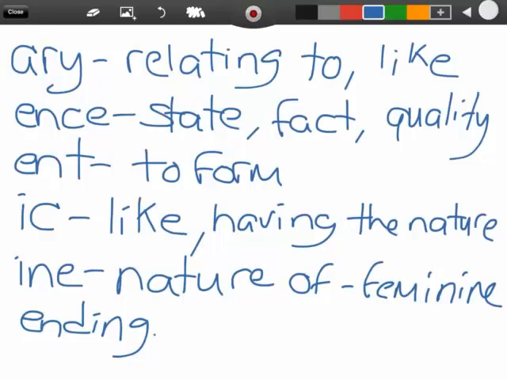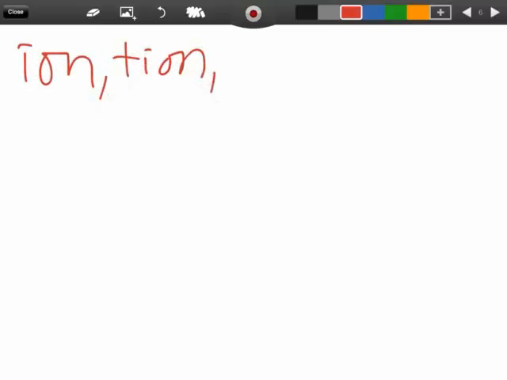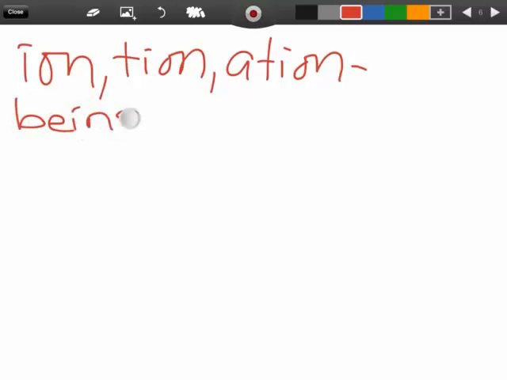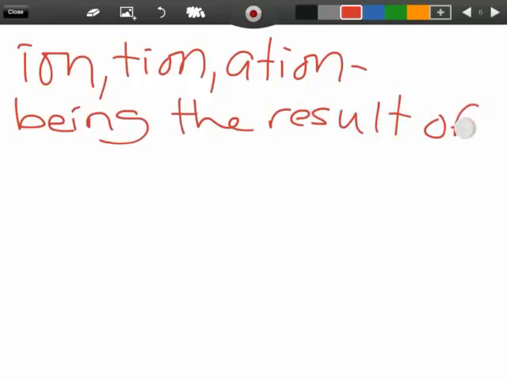Now, moving to one of the most important suffixes in the English language, I'm going to go ahead and change the color here, is ion, tion, and ation. And that means being, the result of.